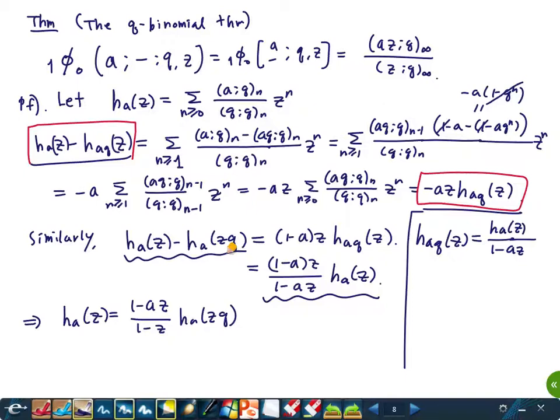Okay? Now you keep applying this. You apply this again, then you get (1 minus az)(1 minus aqz) over (1 minus z)(1 minus qz) H_a(zq squared), and so on.